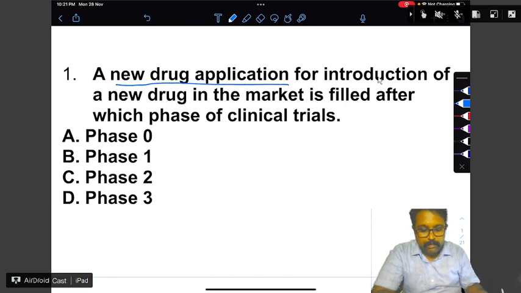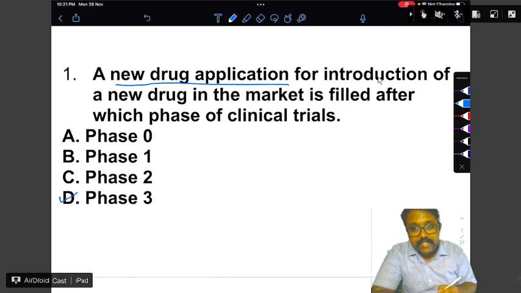So when do we apply for new drug application? Okay, fine. Hope all of you have got the right answer. It is after phase 3.